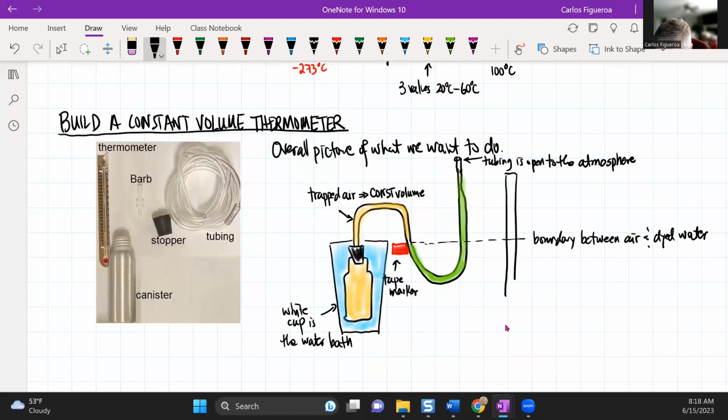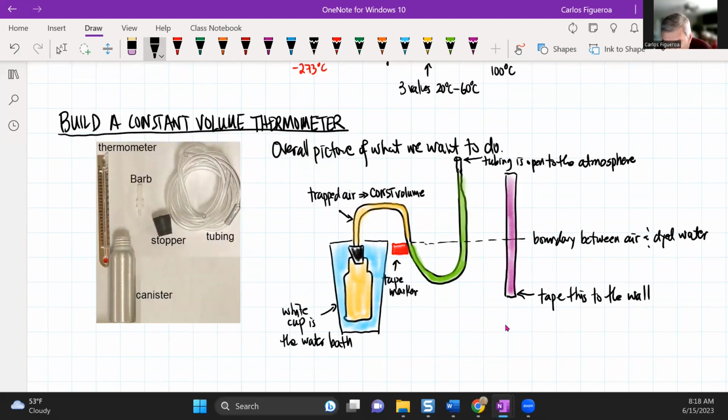And this is going to be the tape measure. Let's color this guy. What I'm going to do is take this and tape this to the wall so it frees up one of your hands.